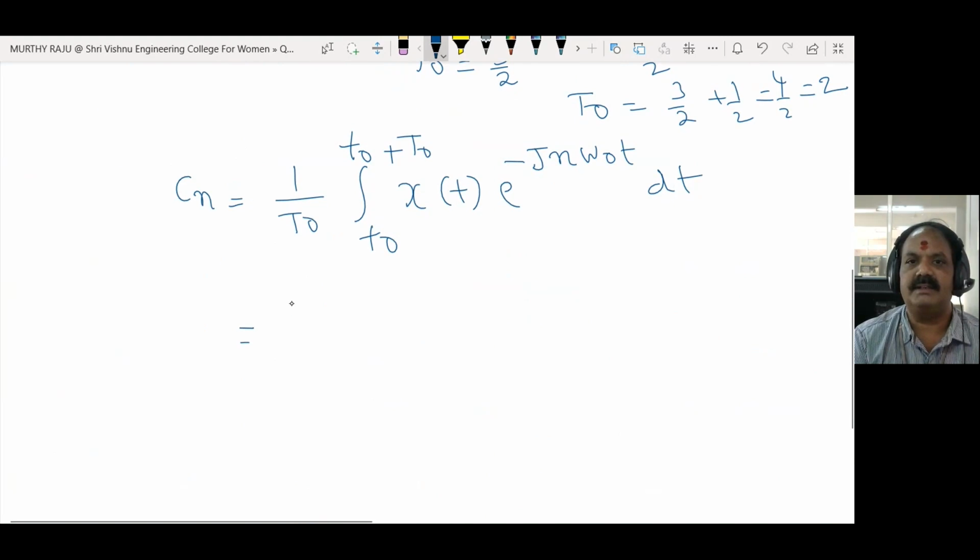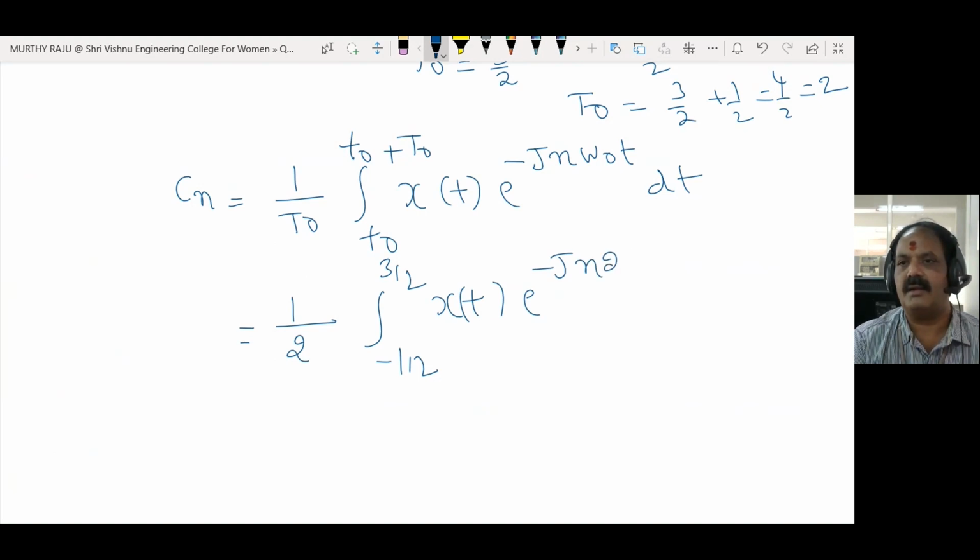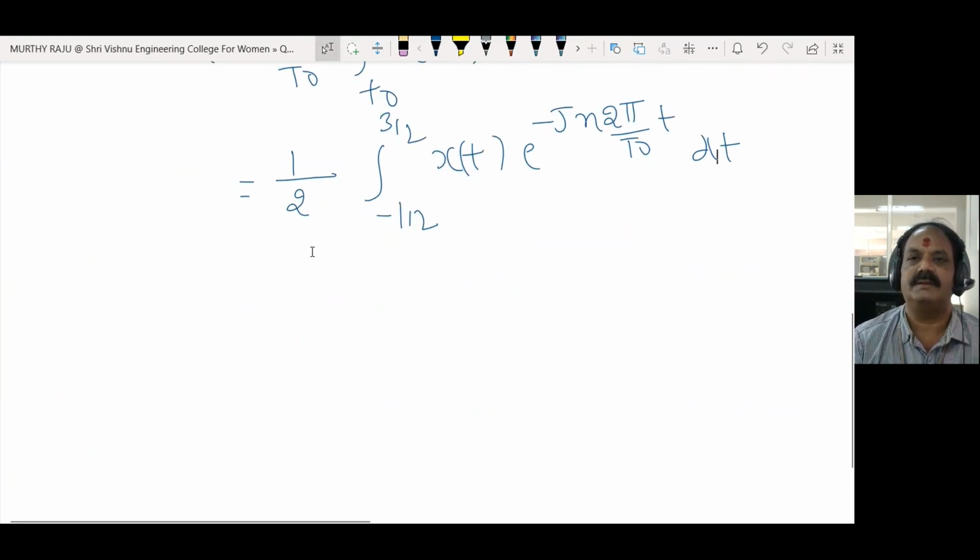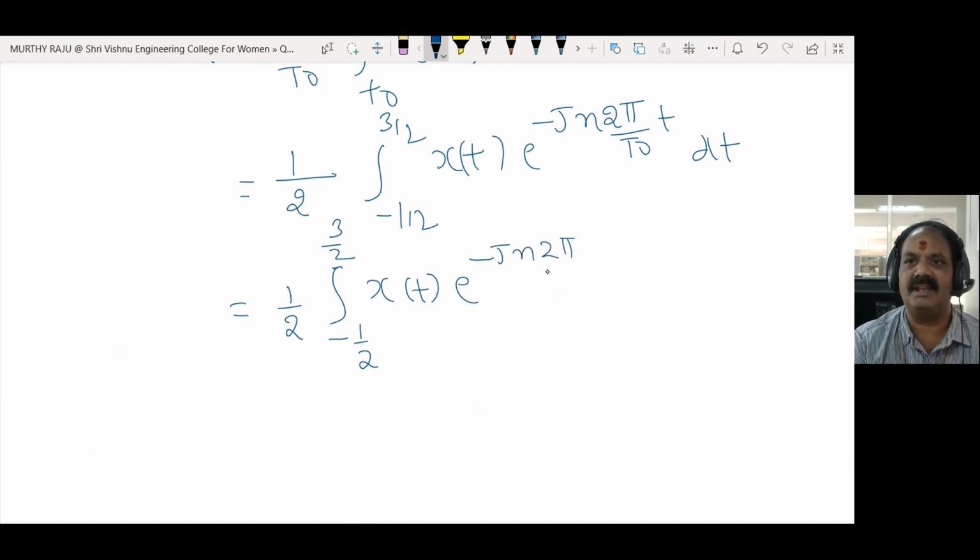Here, the time period of the waveform T0 is 2, and the limits are -1/2 to 3/2. So Cn is equal to 1/2 times the integral from -1/2 to 3/2 of x of t e power minus j n omega naught t dt, where omega naught is 2 pi by T0, which is pi, since T0 is 2.